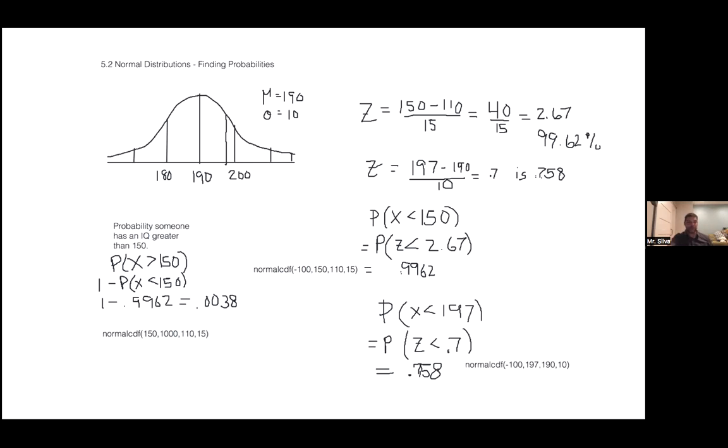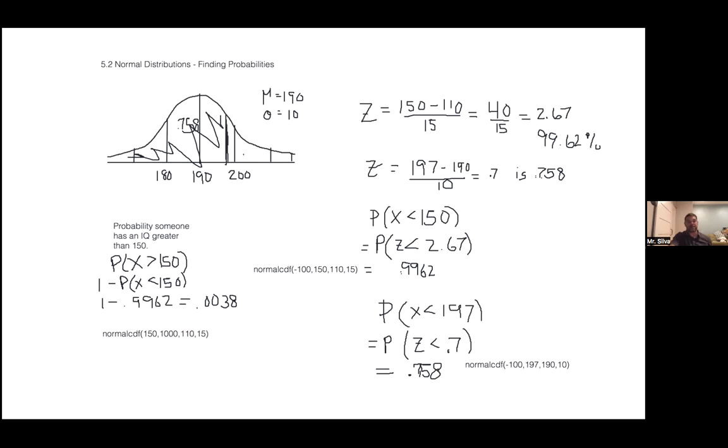Okay. Well, if the area to the left of 197 is 0.758, that's the area to the left. For the area to the right, I subtract from 1. 1 minus 0.758 is 0.242.